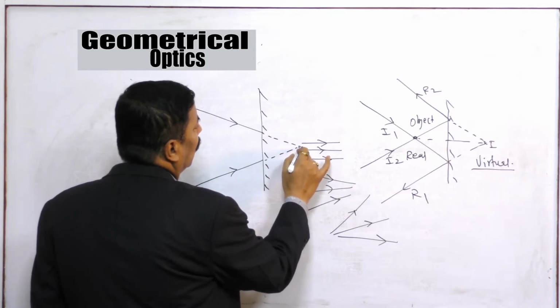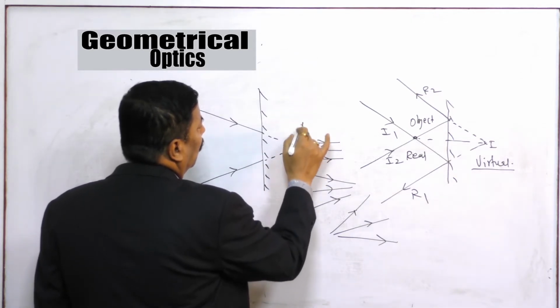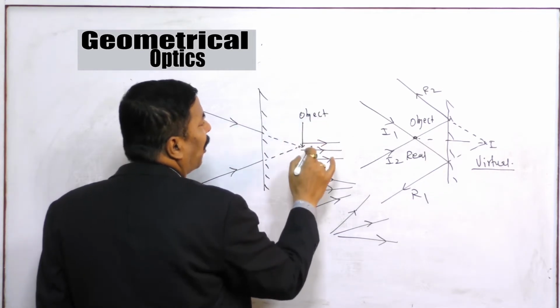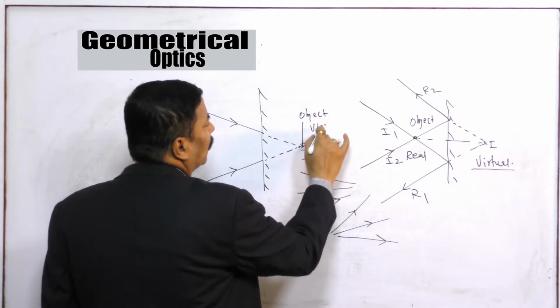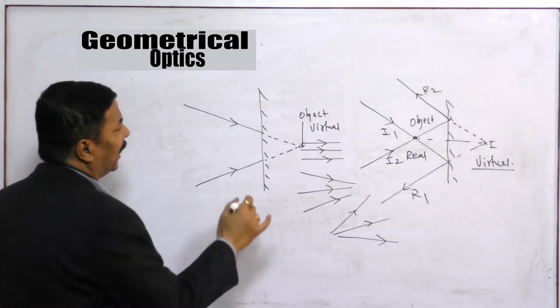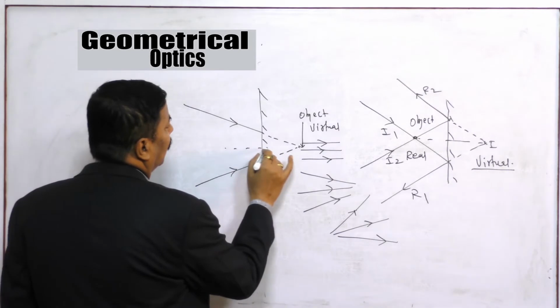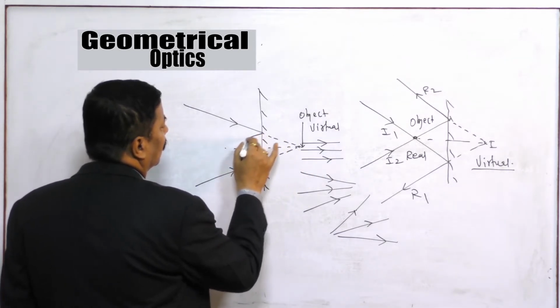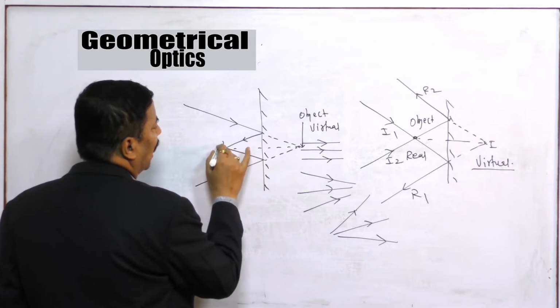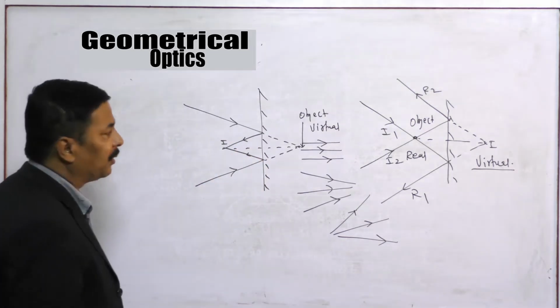So this is your point of intersection, the object. But which type of object? Virtual. Why? It is not an actual intersection. Then the reflected ray will form the image. This will be your image I. And which type of image is this?